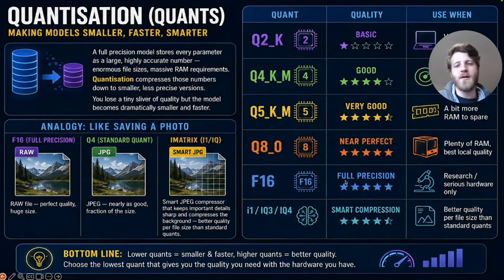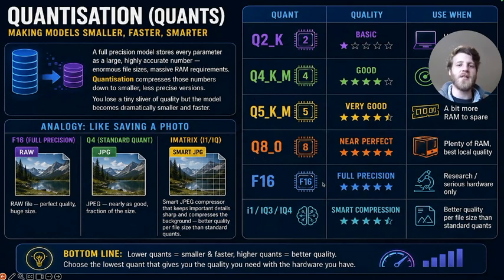You can then run a quantization process, which will take it down to Q8, Q5, Q4, Q2, and each time you run the process of quantization, it's represented in this shorthand, Quants 8, Quants 5, Quants 4, Quants 2.